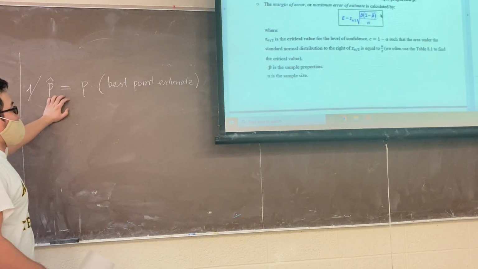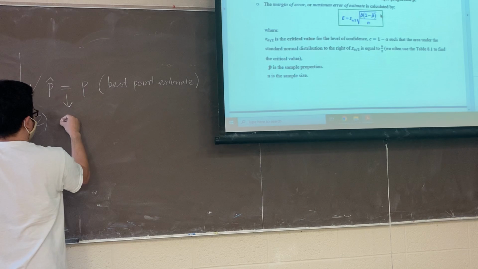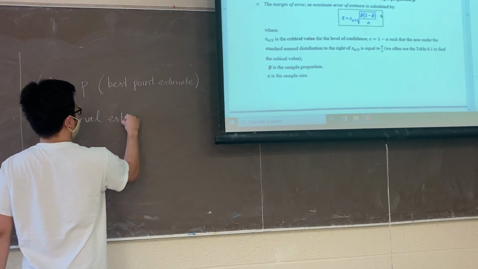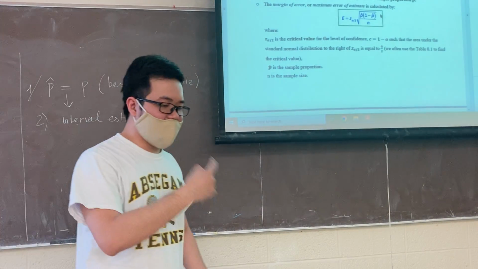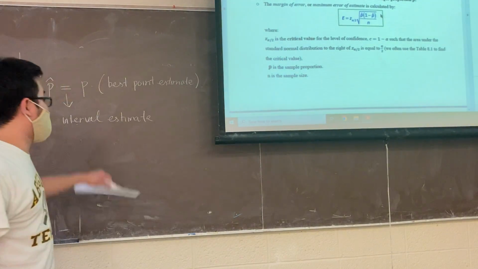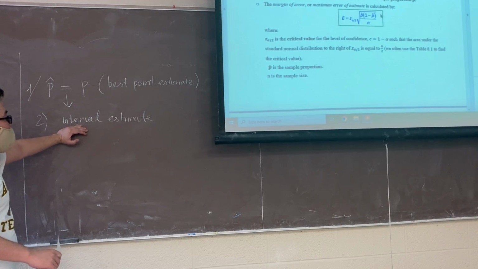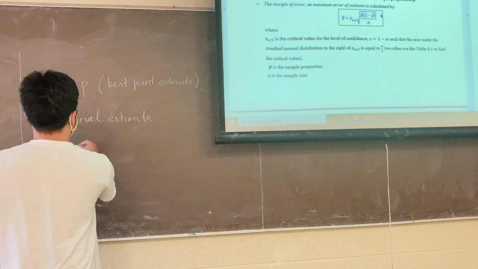But we use it for the interval estimate. This is the second kind of estimate. We need to find an interval estimate. And as I mentioned, if you want to find an interval estimate, you need to find the margin of error.